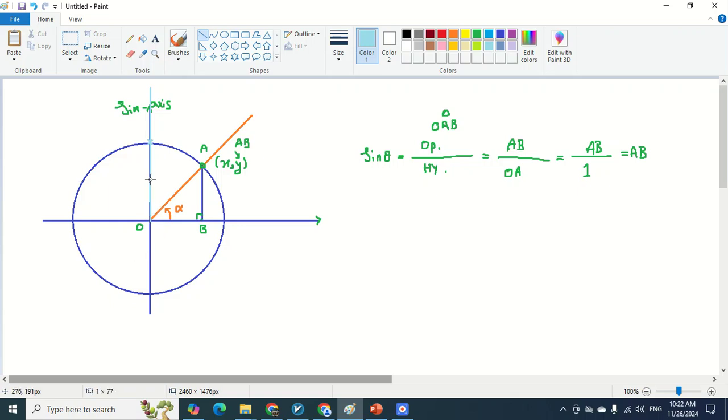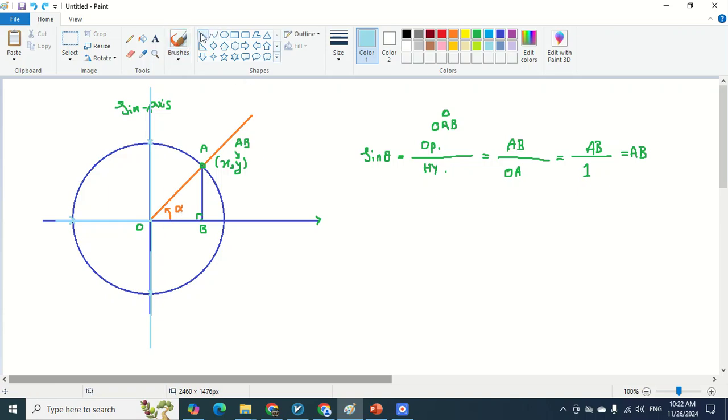If I change the ray to 180 degrees, or the value of pi, then the sine of theta, or the y value, is equal to 0. And if I rotate it up to 270, the y value of this point is equal to -1. So the sine of 270 is equal to -1.